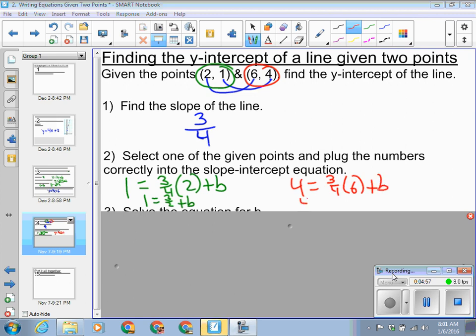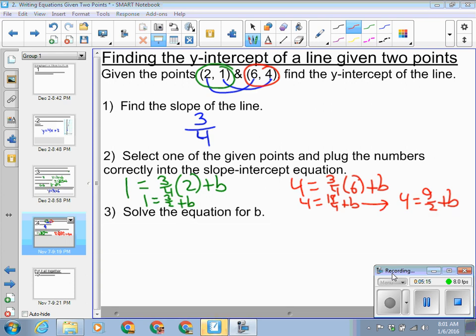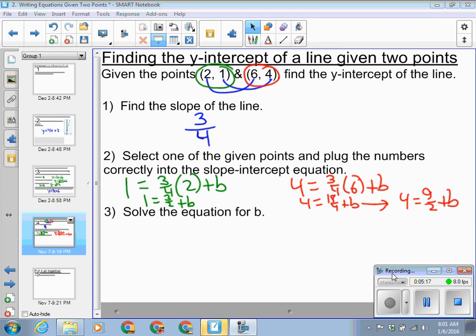And 4 then equals, in lowest terms, 4 equals 9 halves plus b. We're going to leave it right there for now. So now, we're going to solve each for b. I'm going to rewrite this one. 1 equals 3 halves plus b.